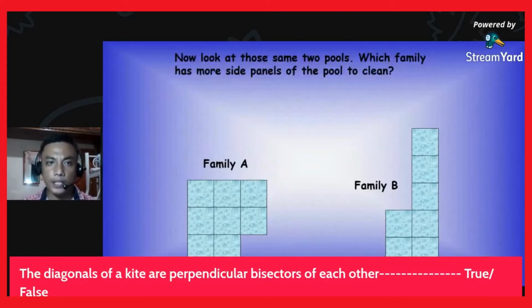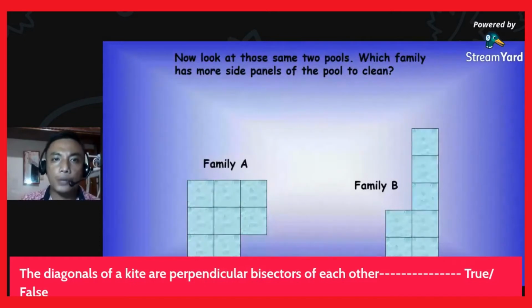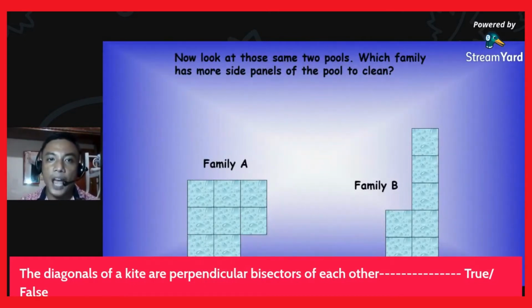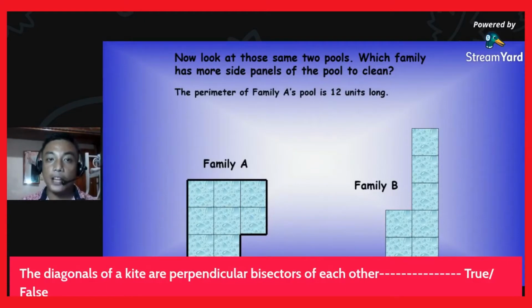Next, same question. Again, we're going to look at the same two pools. Which family has more side panels of the pool to clean? For family A, the perimeter of the pool is 12 units.